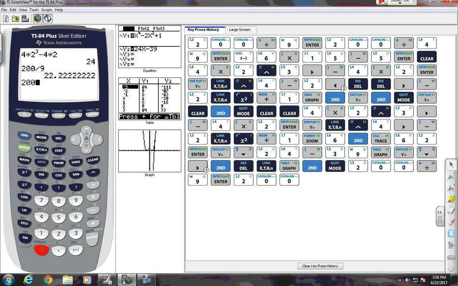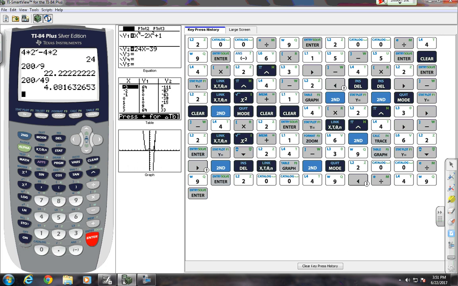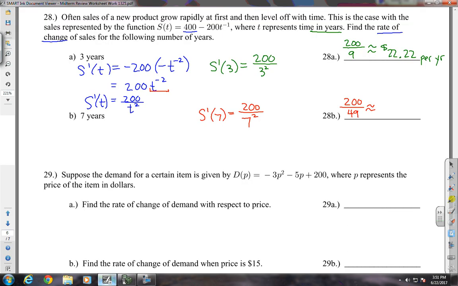So 200 divided by 7 squared, or 49, and rounding to 2 decimal places gives us approximately $4.08 per year. So it's very simple. Find the derivative and plug in the given values to evaluate the rate of change.